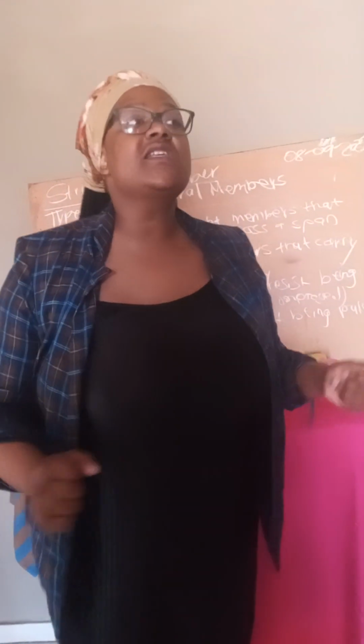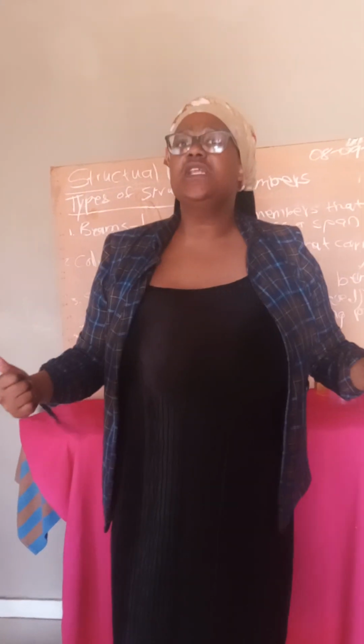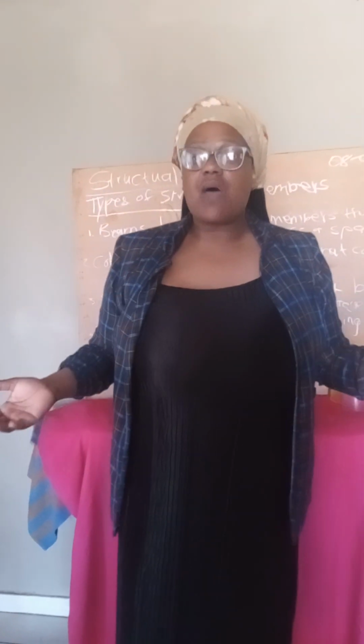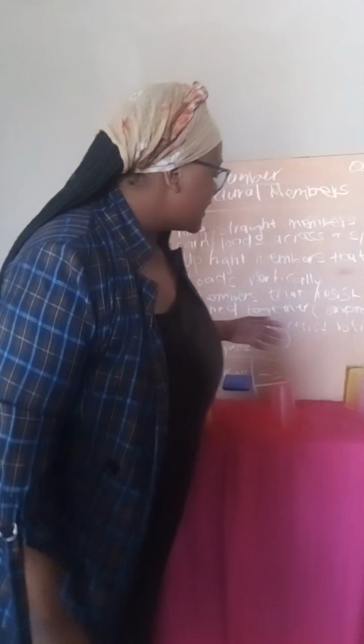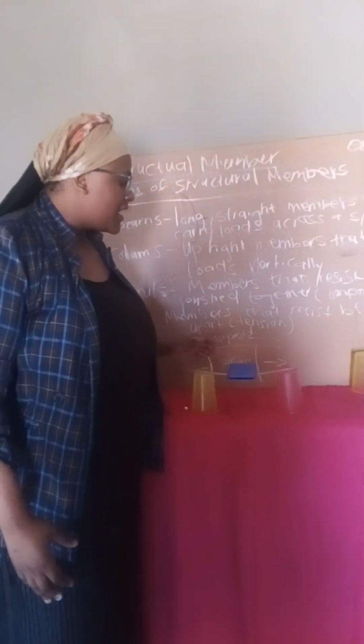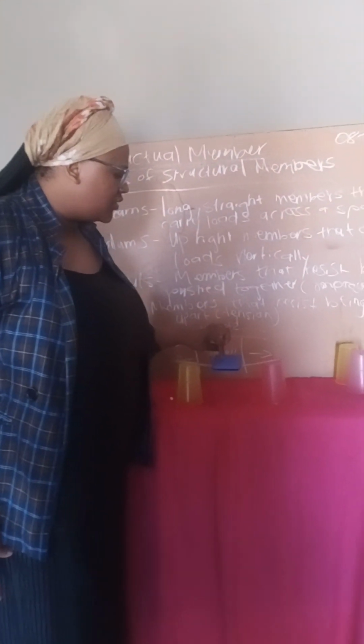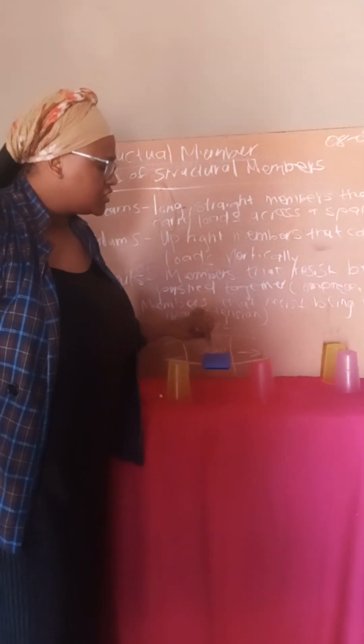Engineers created different types of members to support structures like bridges and electricity poles. Without the correct beams, columns, struts, and ties, the structure could collapse and cause accidents. Imagine if these were not strong enough. Would it carry such a heavy load on top of it?